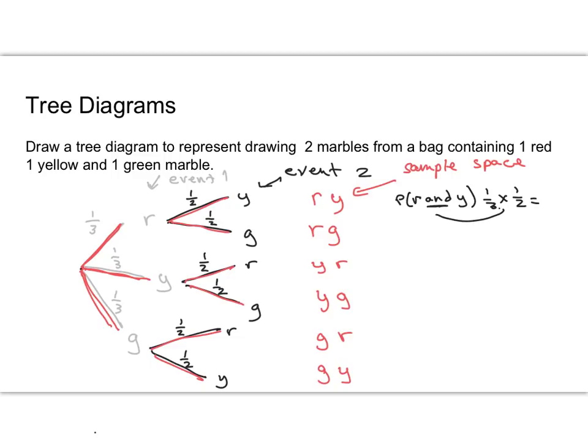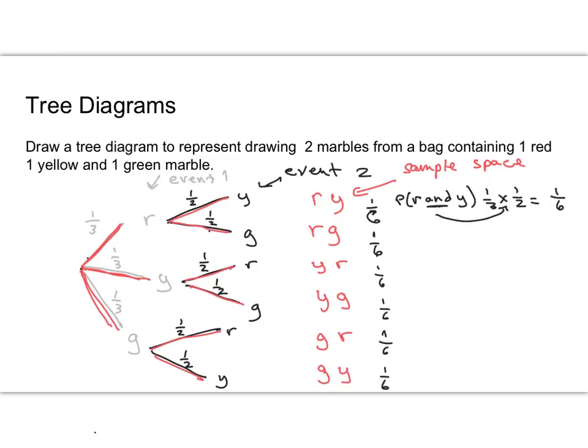This and that have to happen, and that's going to be 1/6. And if you think about it, all of these are going to be the same because they're all 1/3 times 1/2. So the probability of red and yellow is 1/6, 1/6, 1/6, 1/6, 1/6, and 1/6.